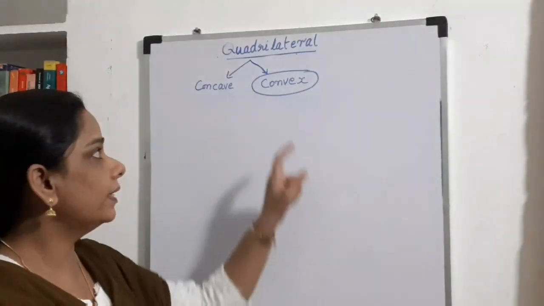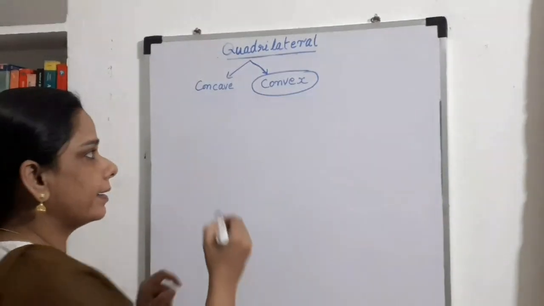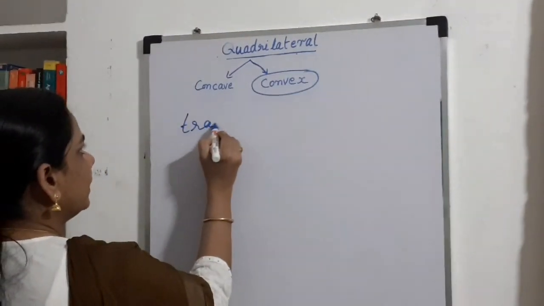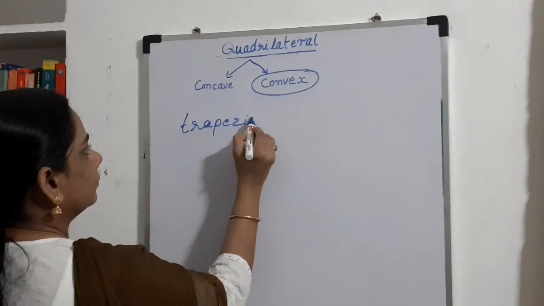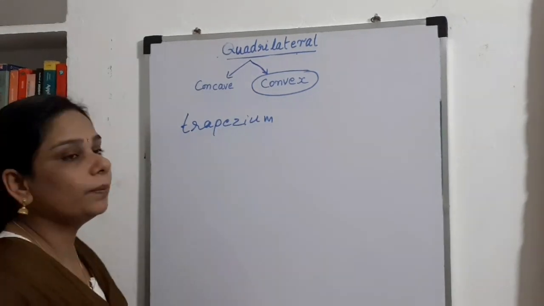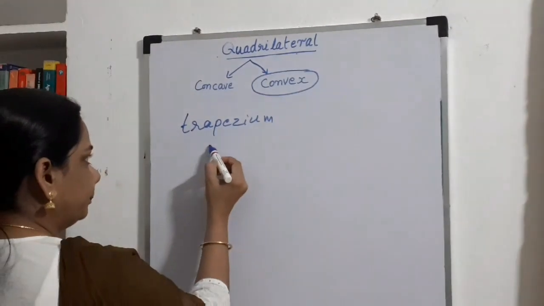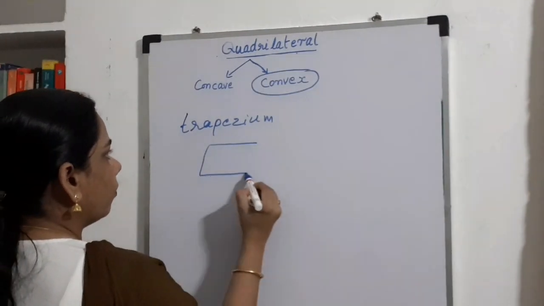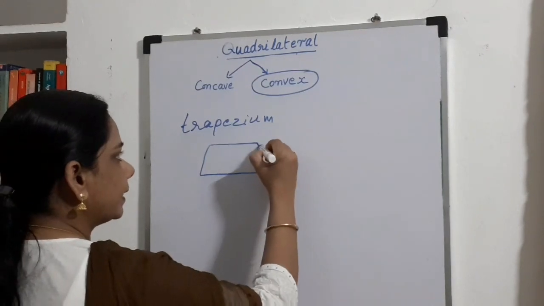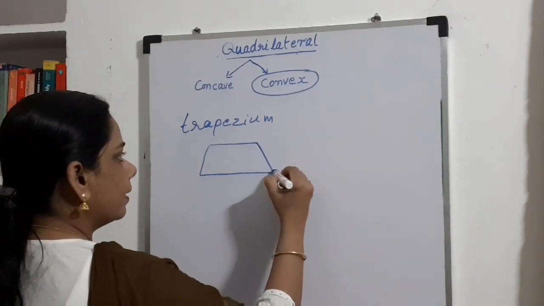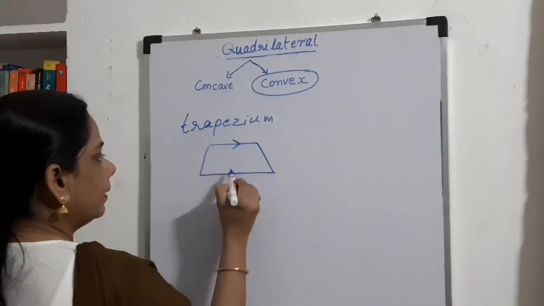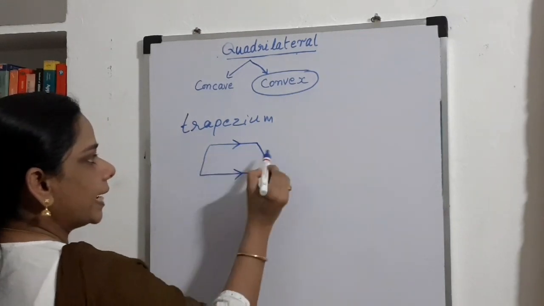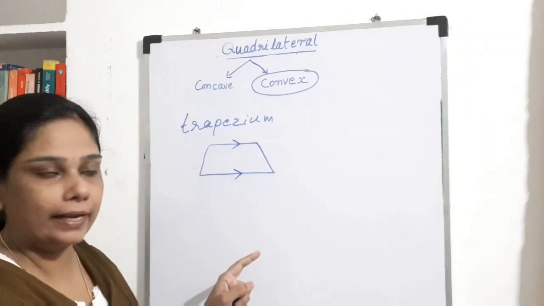One type of convex quadrilateral is the trapezium. What do you mean by trapezium? One pair of opposite sides are parallel and the other two sides are non-parallel.